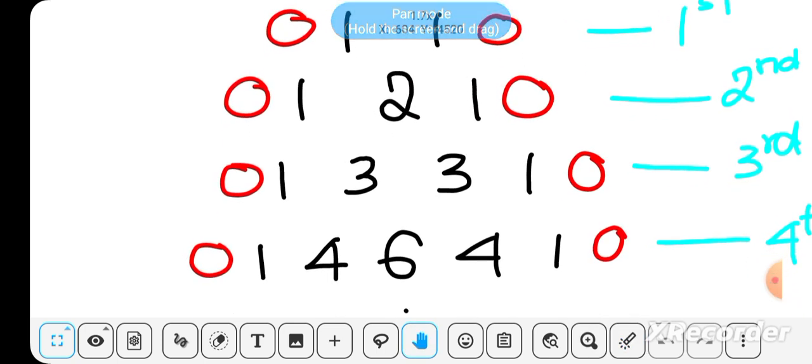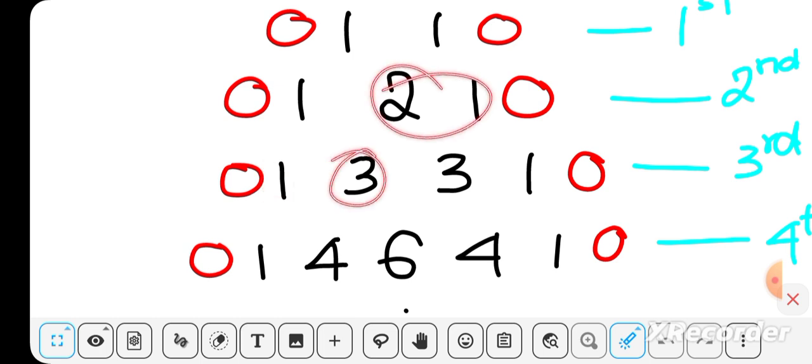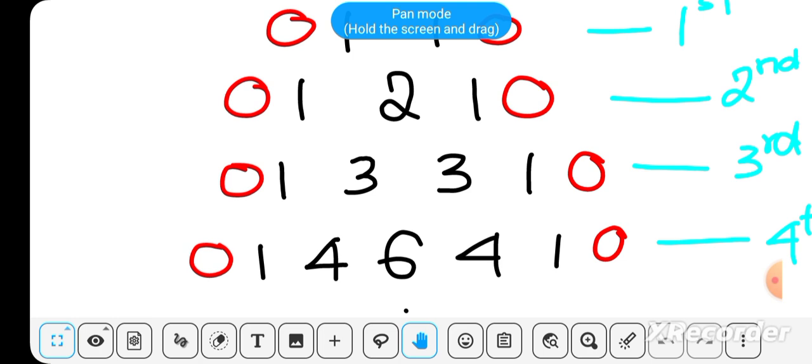So let's try doing the third row. 0 plus 1 is 1, 1 plus 2 is 3, 2 plus 1 is also 3, and 1 plus 0 is 1, and in the end we have to put the zeros. So this is how you can construct the Pascal's triangle, and it goes on forever.